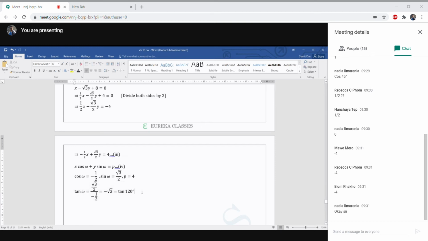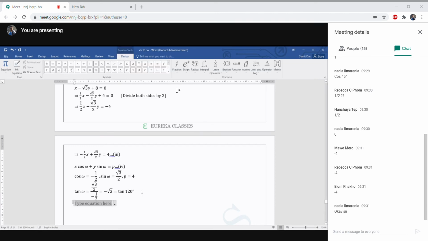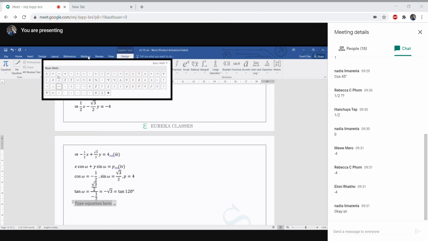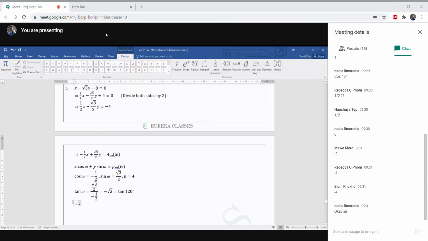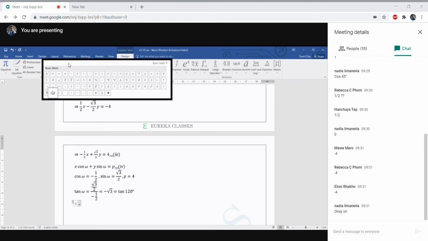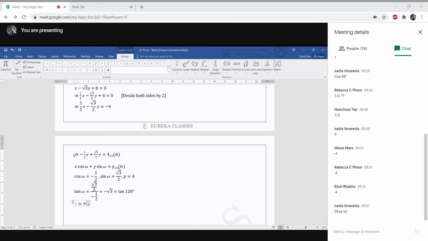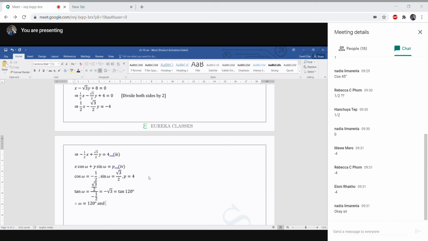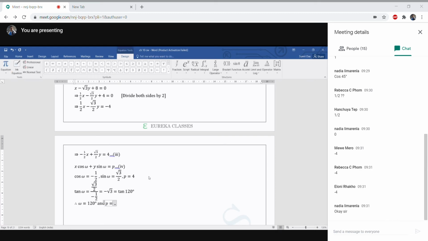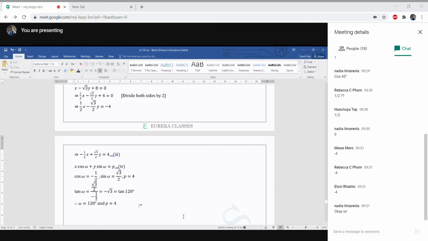Therefore we can write omega equal to 120 degree and p equal to 4.